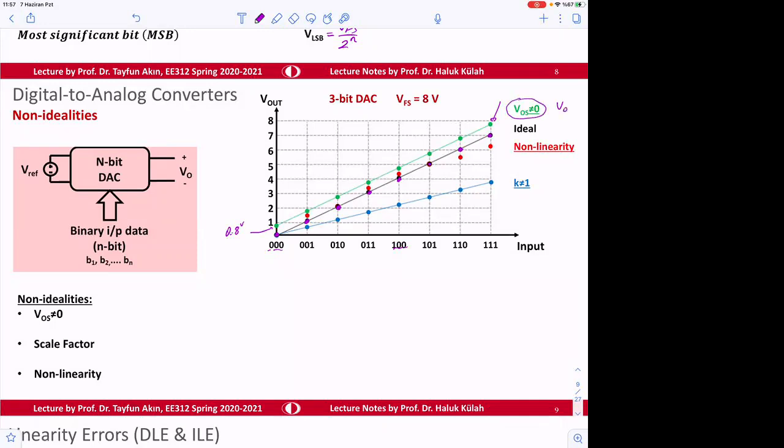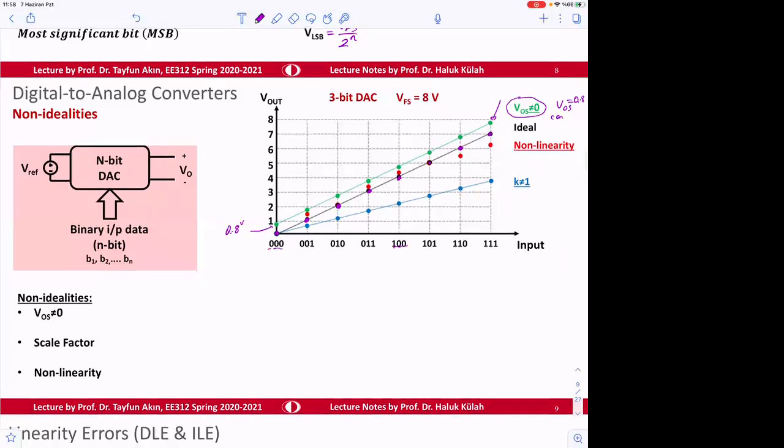Then we will say that the offset is 0.8 volt, and we can put in extra circuitry to subtract that 0.8 volt from all the output voltages, and then it will be corrected. So this can be corrected easily.